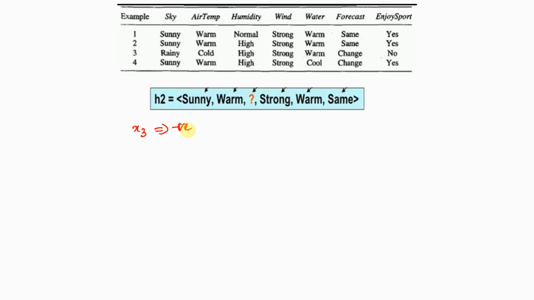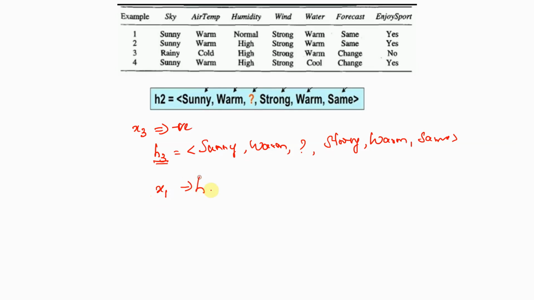X3 is a negative sample, so we are not going to change anything in our hypothesis. I am just going to retain the hypothesis, taking the same hypothesis I had in the previous step. So strong, warm, and same. Now see here, up to this level, H3 is able to pass X1 and X2.